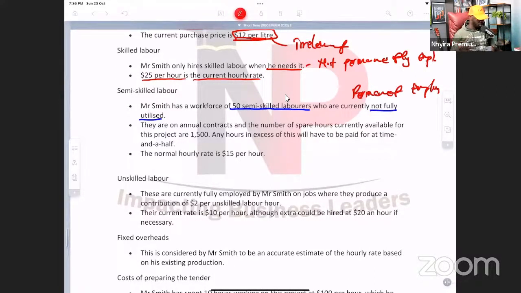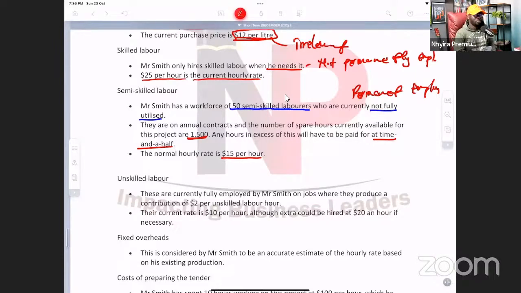But let's continue to read. They are on annual contract, and the number of spare hours currently available for this project are 1,500. Any hours in excess of this would have to be paid for at time and a half. The normal hourly rate is $15 per hour.